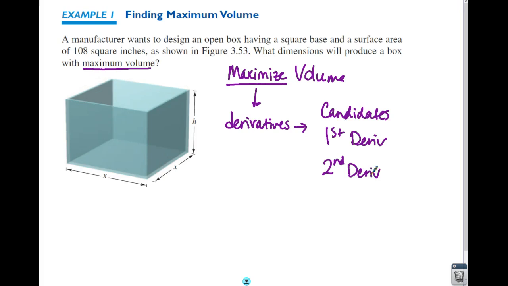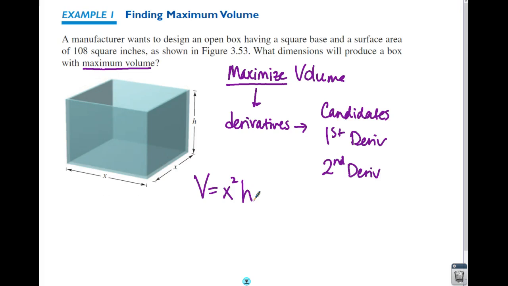So the first thing we need to do is come up with an equation for volume in relation to the question at hand. This is an open box with a square base. The volume is usually length times width times height, but our length and our width are going to be the same. So the volume is going to be x squared times your height. This is the function that we are trying to maximize.